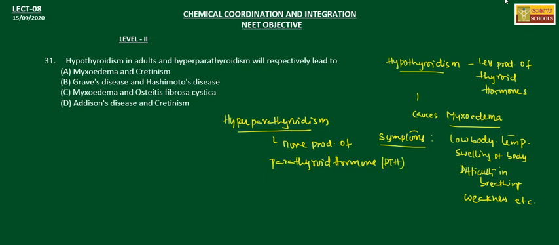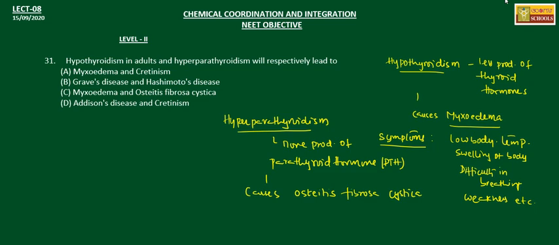Due to more production of parathyroid hormone, it causes a disease condition called osteitis fibrosa cystica. So this is caused due to hyperparathyroidism. Okay, so here let's see the options, myxoedema and cretinism.